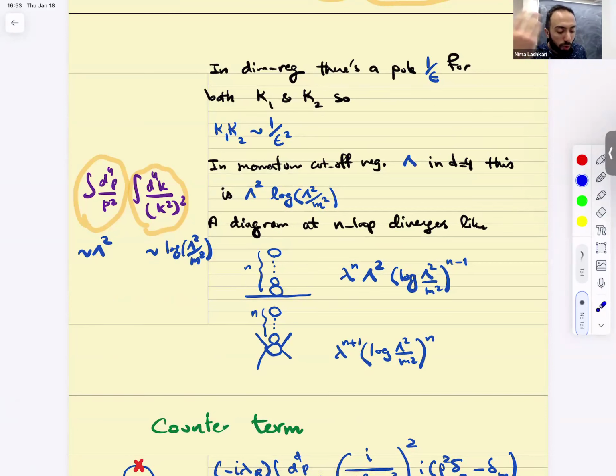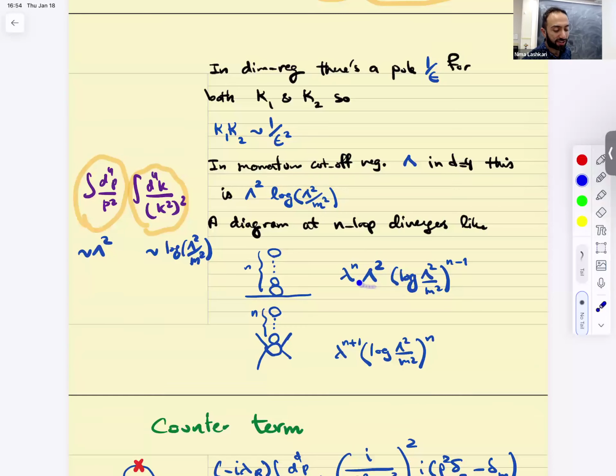Now, more generally, if you have a diagram at n loop, you can do the counting very easily. This is the n bubble diagram. It's an n loop term that appears in the propagator. It will have lambda to the power of n because it has n vertices. It will depend on lambda squared.